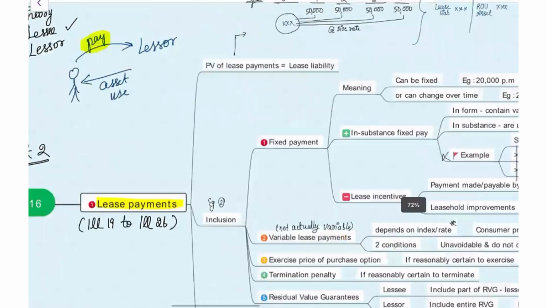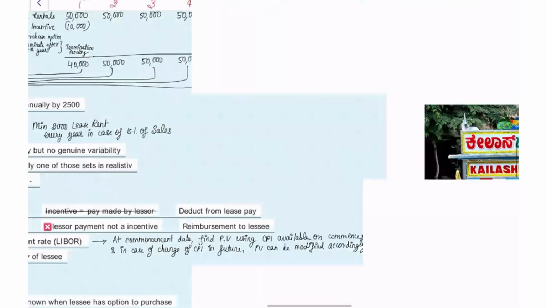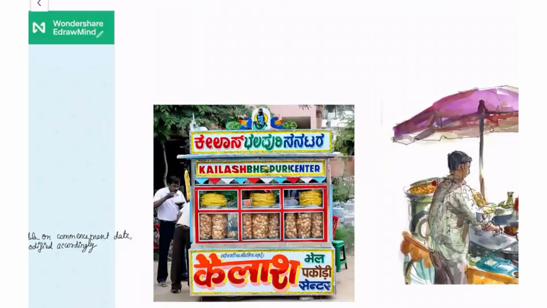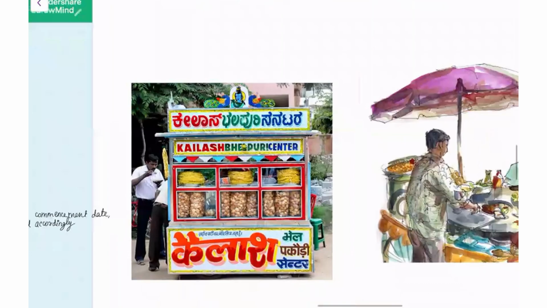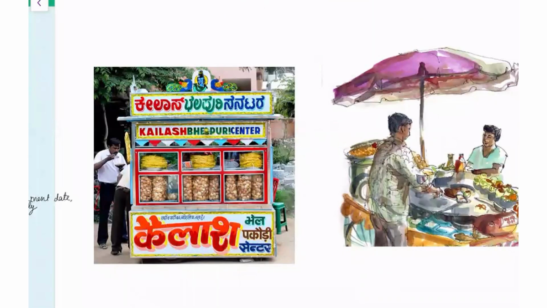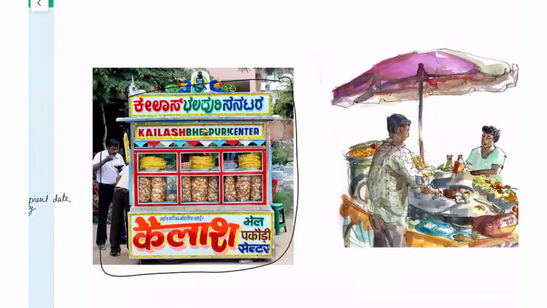Okay. So suppose, we'll take an example here. Here I'm taking an example where we are a lessee. And we have taken a shop at the side of the road on lease. And in this shop, we are going to sell pani puri. So this is the business we are going to do. Here we are the lessee where we have taken the shop on lease.